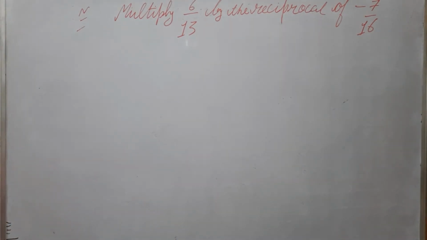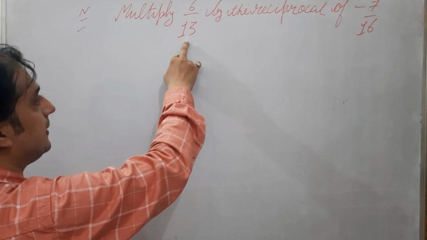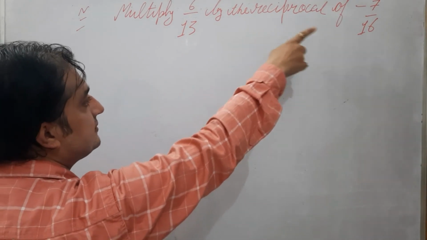So multiply the two numbers, but you have to multiply 6 upon 13 with the reciprocal of the second rational number.